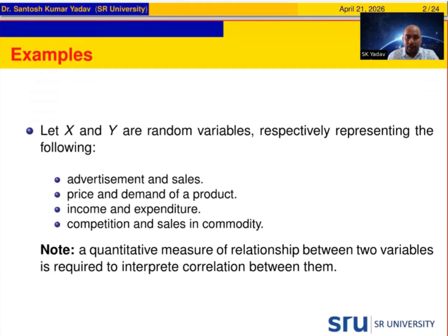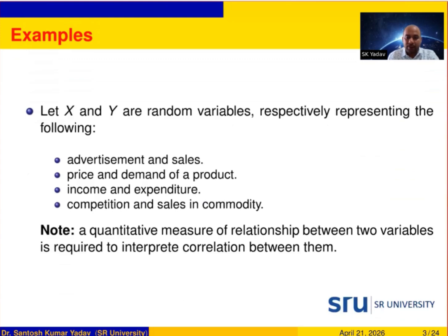Here are some examples where you can observe the type of correlation. Suppose there is advertisement and sales. If advertisement is X and sales is Y in numbers, what are you expecting by making more advertisement?